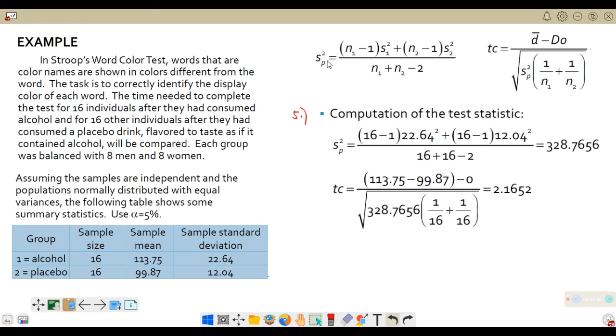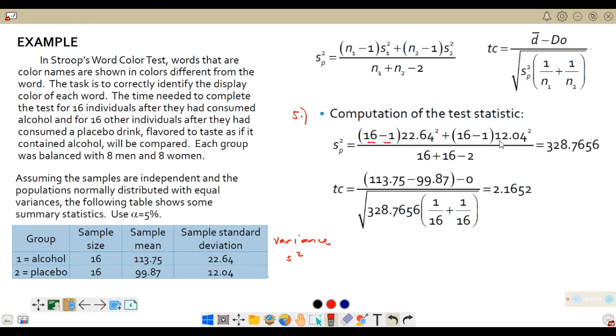So, for the pooled variance, unahin natin ang pooled variance. So, dun sa unang group, meron tayong 16 na respondent. So, 16 minus 1. Ito yon times the sample standard deviation. Remember that the variance is equal to the sample standard deviation squared. So, ito siya, 22.64 squared. Ito yung sample variance natin.